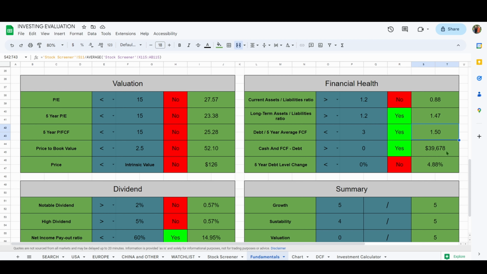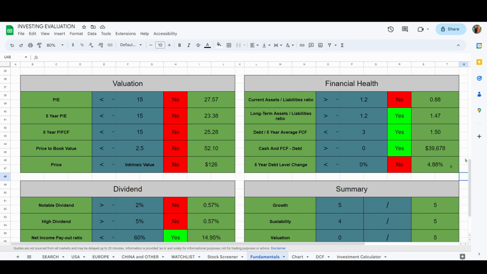And now we have cash and free cash flow minus debt. This basically means that if they can pay their entire debt with their 1-year free cash flow and their cash on hand, then you will see that they still have $39 billion left.